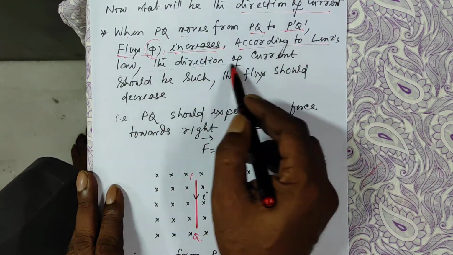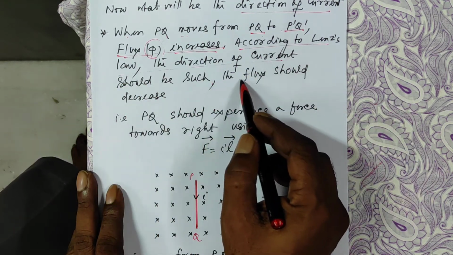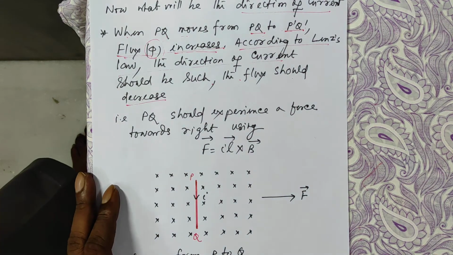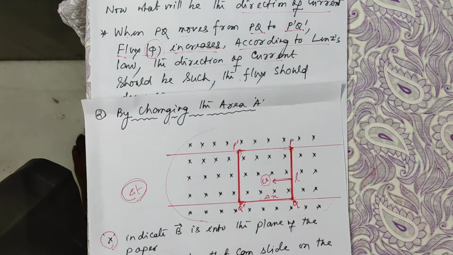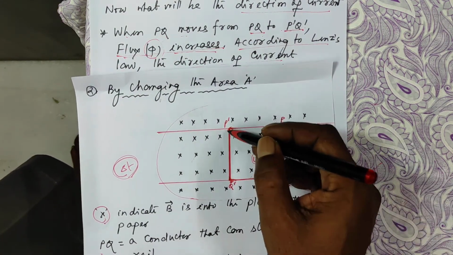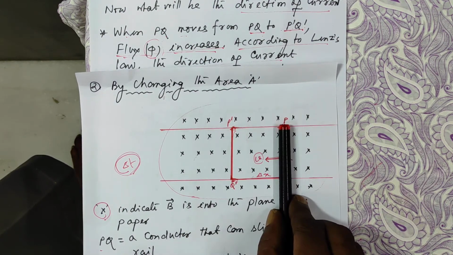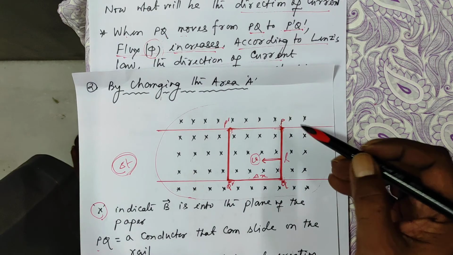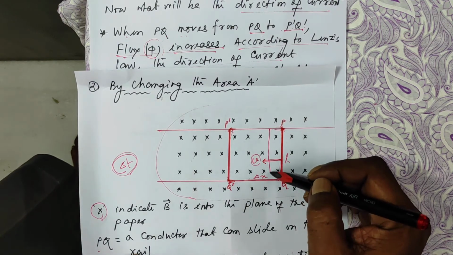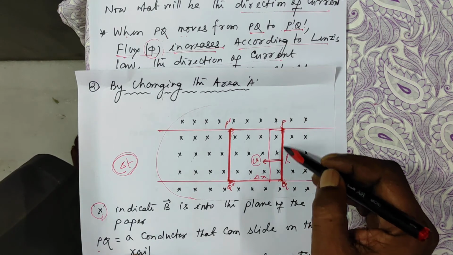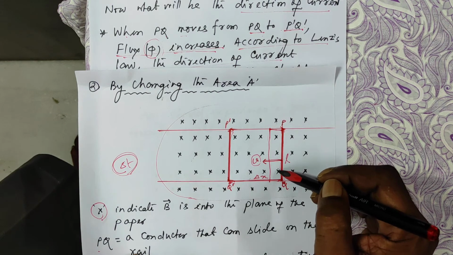According to Lenz's law, the direction of current should be such that the flux should decrease. Here it is 0. When PQ is here, the number of lines of force passing through this area is 1, 2, 3.